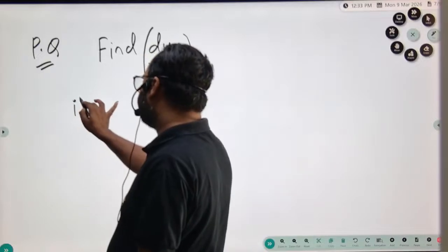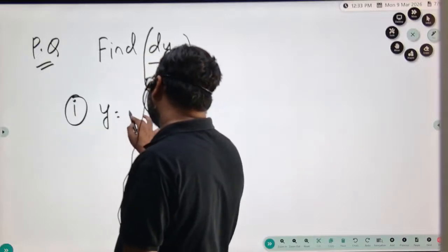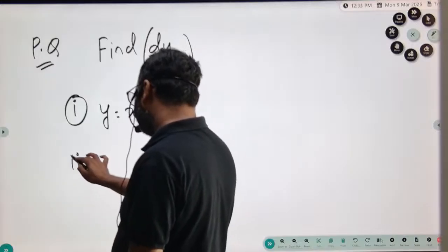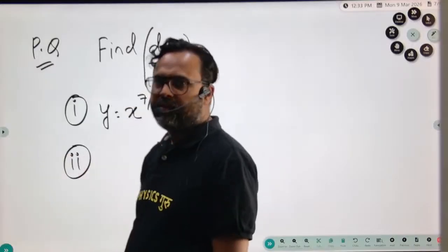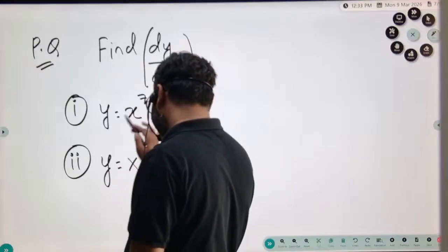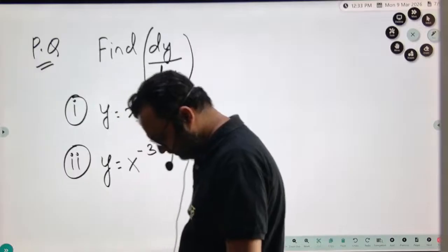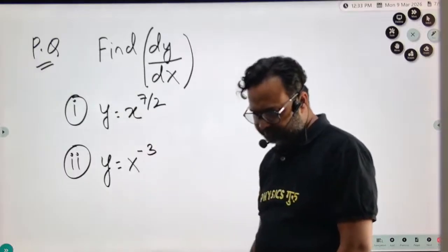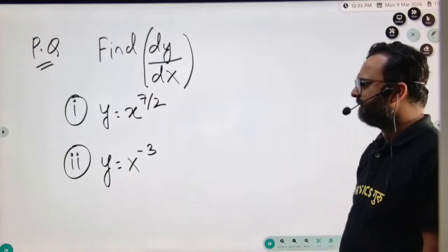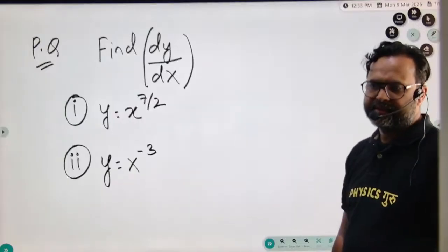First one, y is equal to x raised to the power 7 over 2. Second one, y is equal to x raised to the power of minus 3. These two. It's 7 divided by 2. It's 7 over 2, yeah.